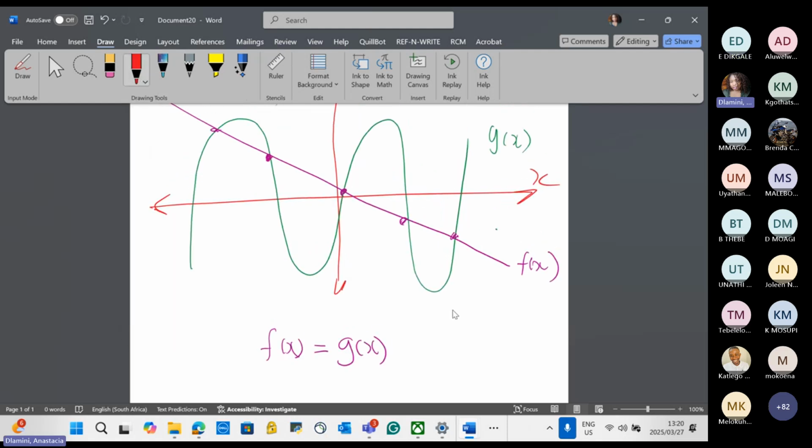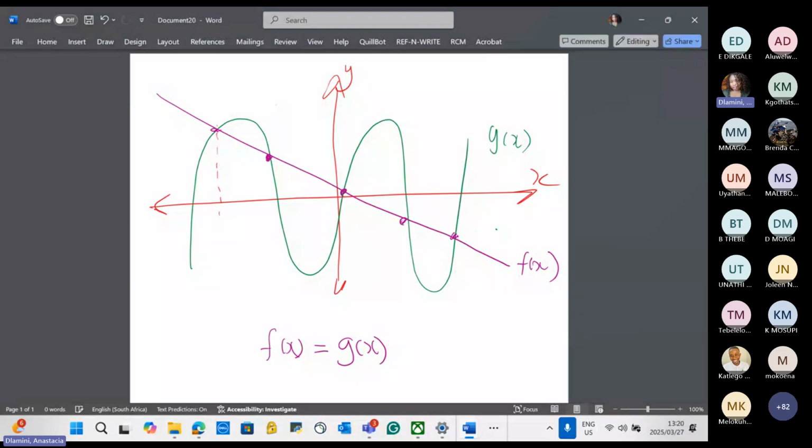If I go to my graph, let's say this was -5, and let's say this was -3, and this is 1. And let's say this x value is 2, and then this x value is, for example, 3.